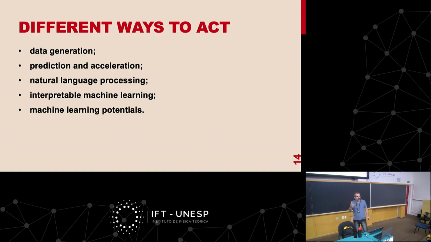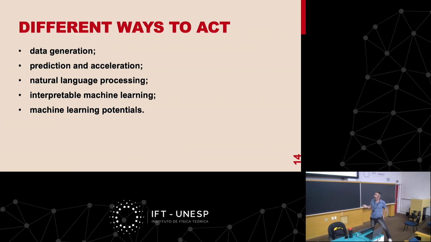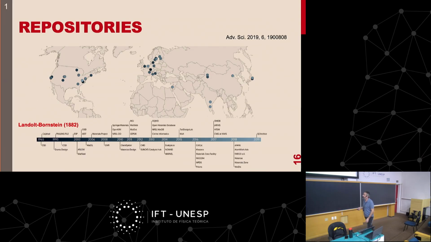And we can do that for science as well, try to learn new physics by trying to understand how computers do their business in machine learning. And just at the end, this is the hottest topic. I'm not going to talk a lot about this, but I think this is the one that is going to last more time and is going to be more important. And there are more people working with this, that is machine learning potentials. Okay, data generation.